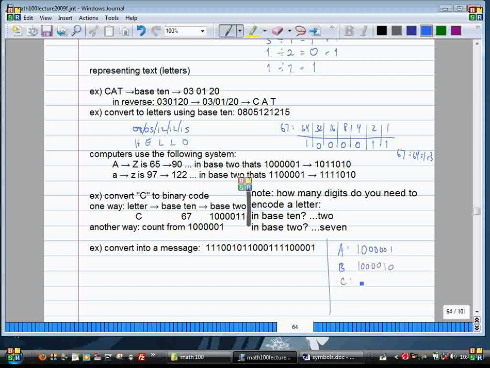Now what's the next number? Can't put a 2 in the last place, so you got to go to the next place. But you can't put a 2 in that place. So what happens to the 1 in the first column? This goes to 0. What happens to the 1 in the next column? It goes to 0. What happens in the next column? It goes to 1.